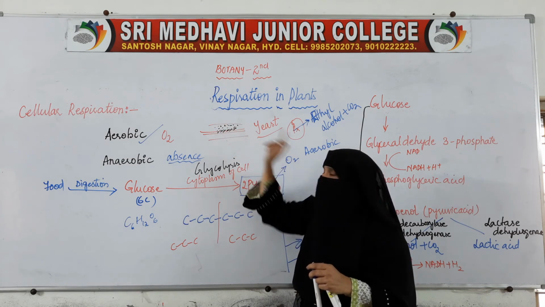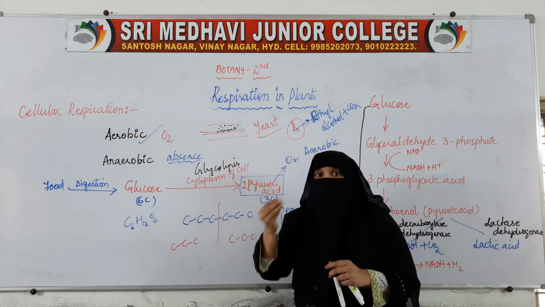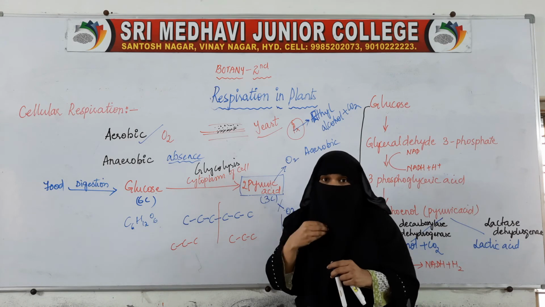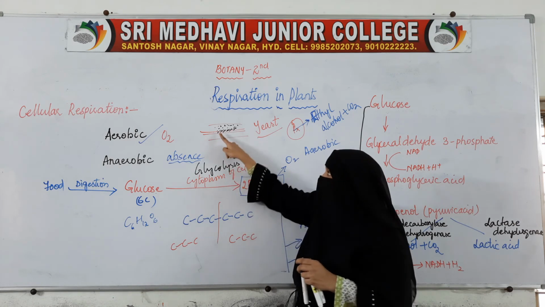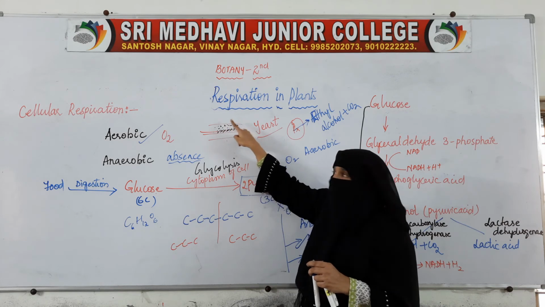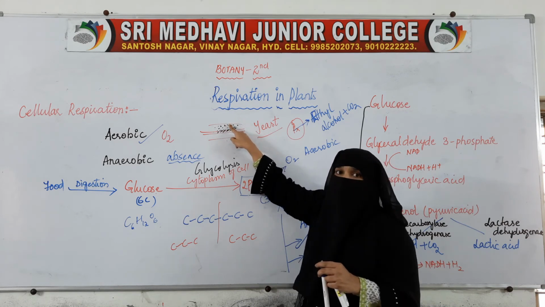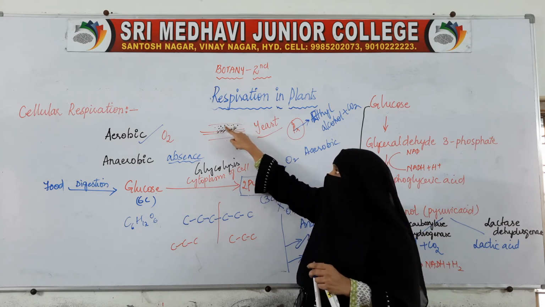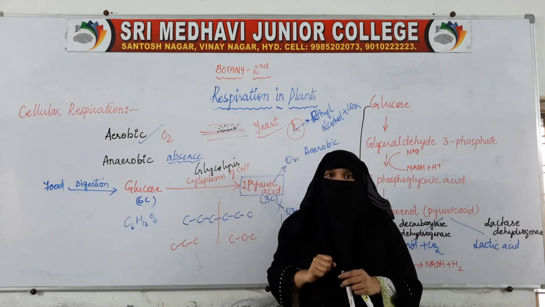But we are continuously taking oxygen and these cells are utilizing it, not giving oxygen to the other cells. So the cells are left with only glucose, where glucose has changed to pyruvic acid.